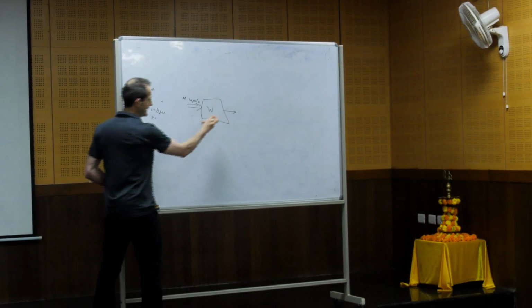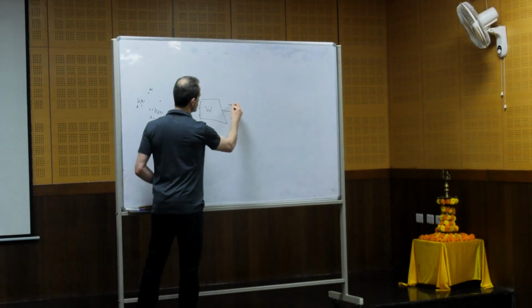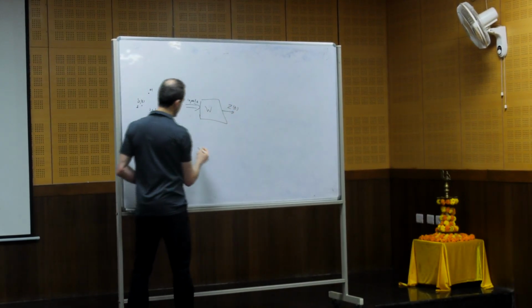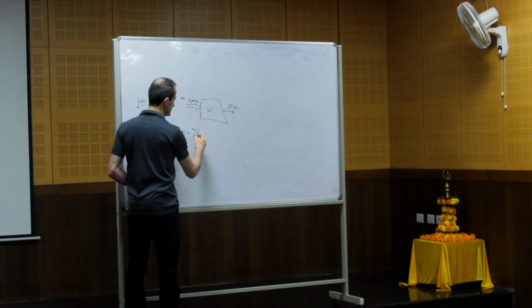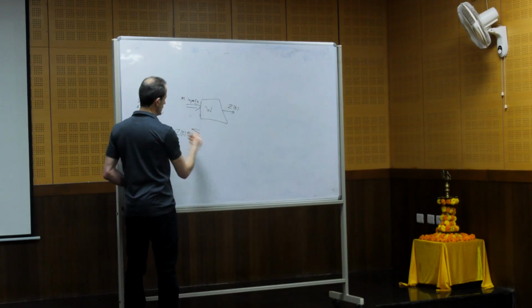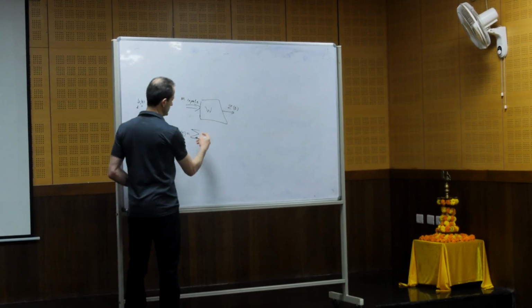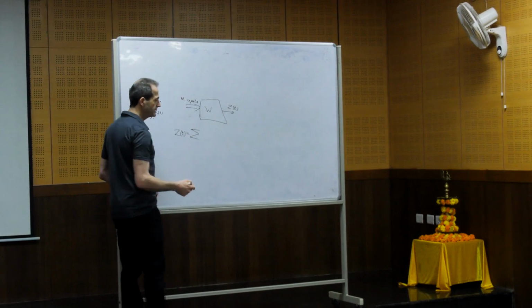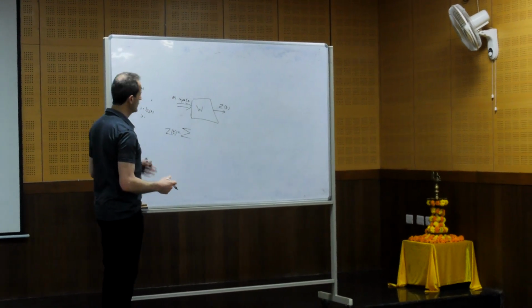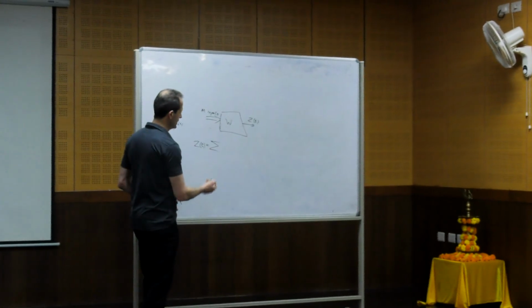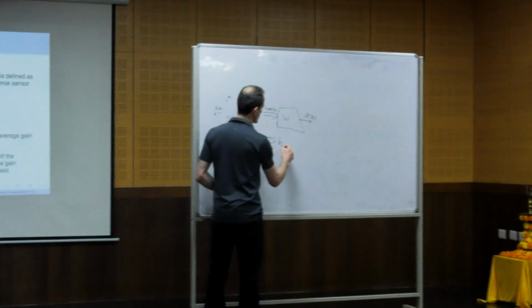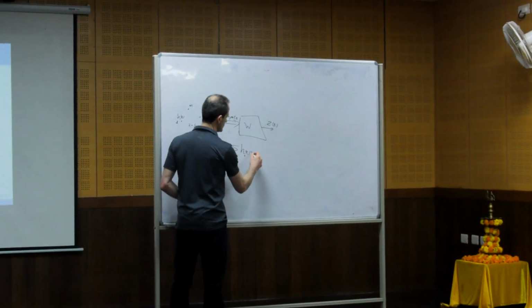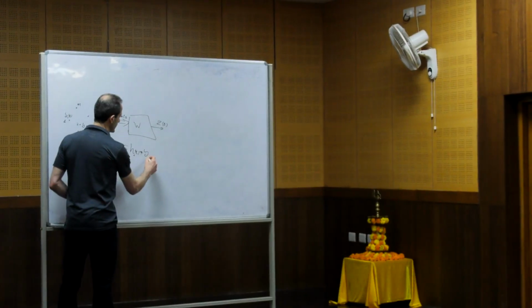So the output, if we call it z(t), can be written as a summation, taking the weights. If we talk about filters, each one will be h_i(t) convolved with y_i(t).